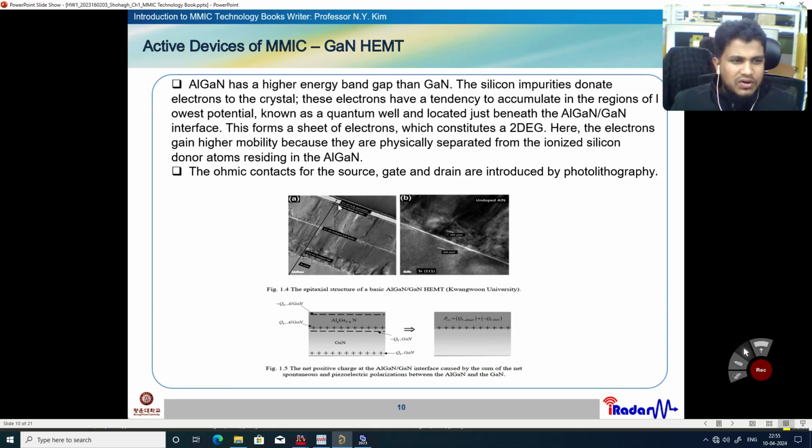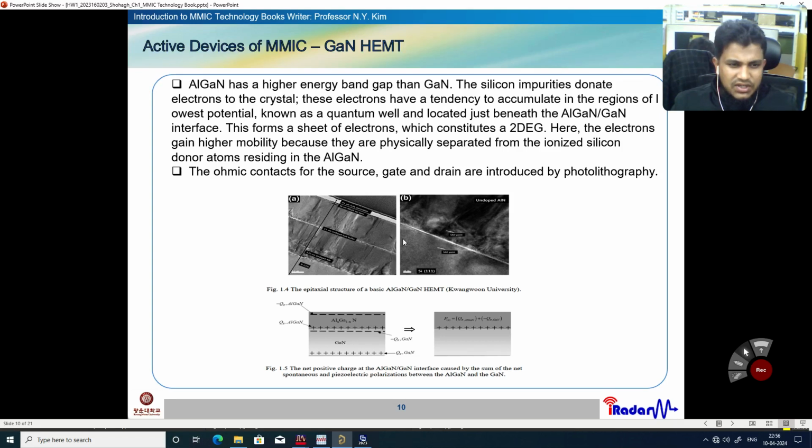We also use the ohmic contacts, that is source, gate and drain, introduced by photolithography. This is the image of photolithography. From that image we can understand the epitaxial structure of the basic aluminum gallium nitride or gallium nitride high electron mobility transistors.